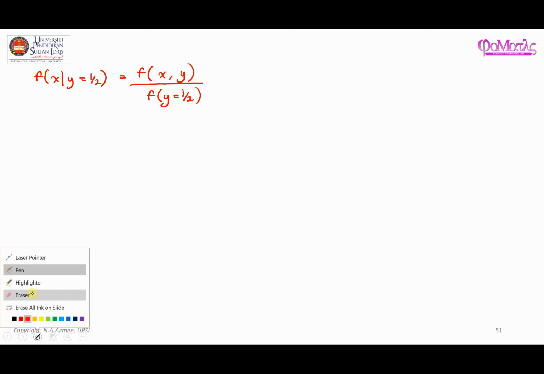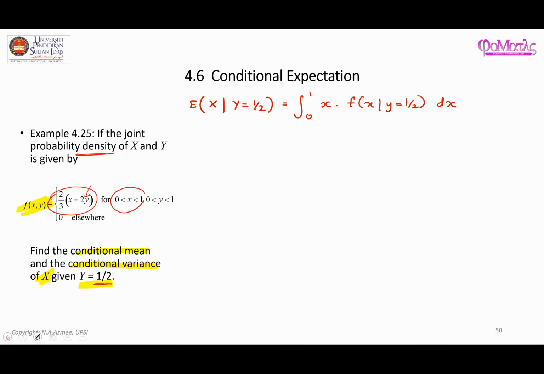You can be more specific right here, x, and then here is y is equal to half. So we're going to take the joint density and replace y with this value, 1 over 2.